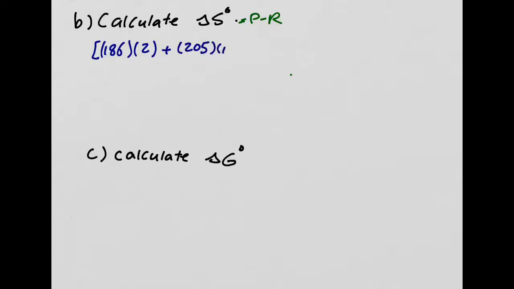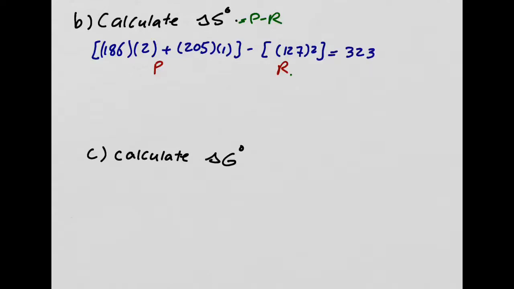Entropy is not 0. Again, the coefficient is just 1, right? So here is my product minus now my reactant. Again, don't forget to multiply by the coefficient, 127 times 2. So product minus reactant. You add up all the product and then you add up all the reactant and you subtract them. What you get is 323.